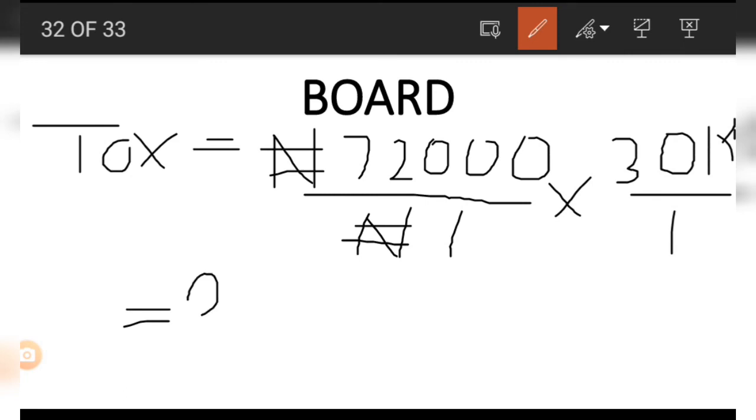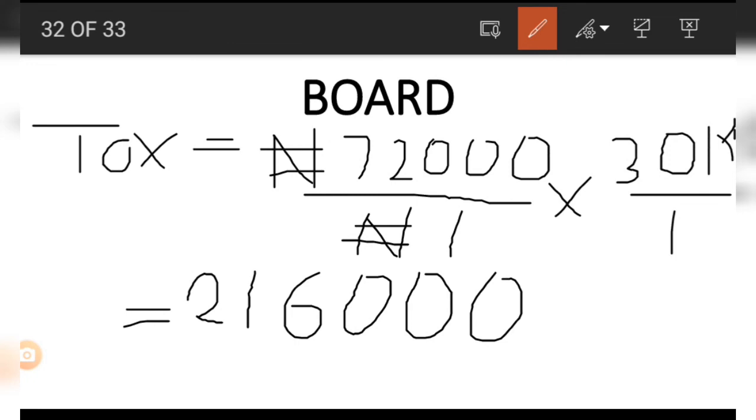When we look at this, the naira cancels out the naira, we multiply the numerator, and we are going to get 2,160,000 kobo.